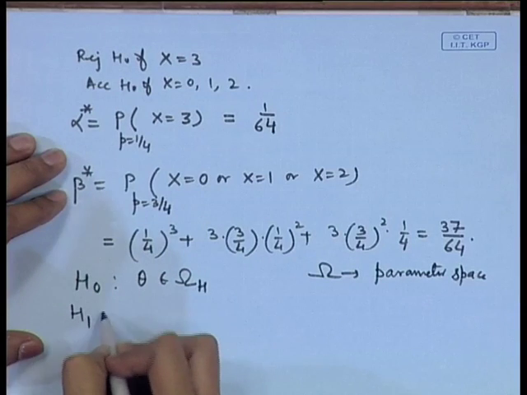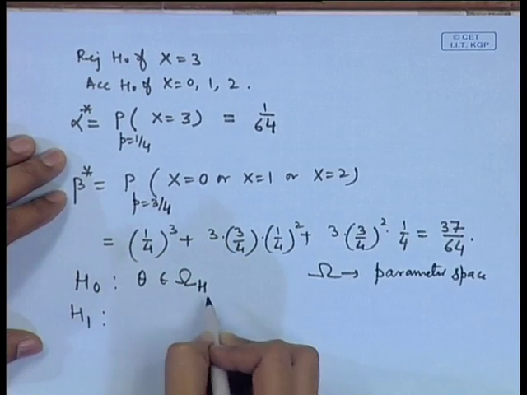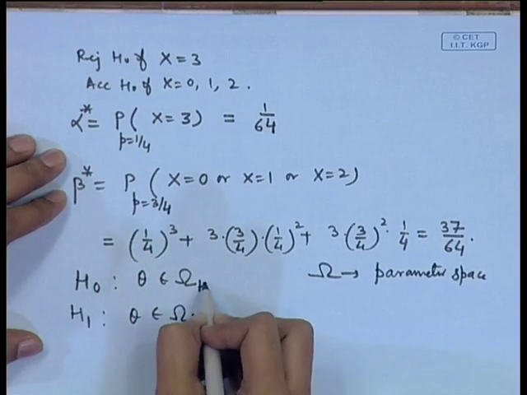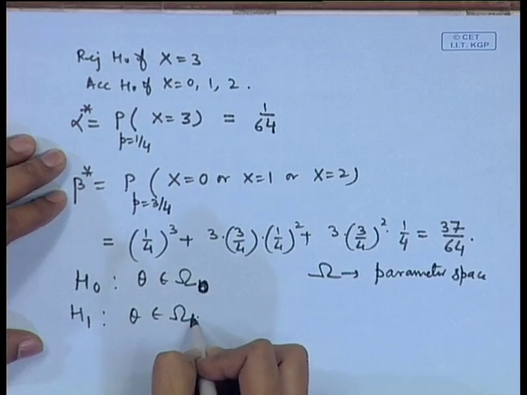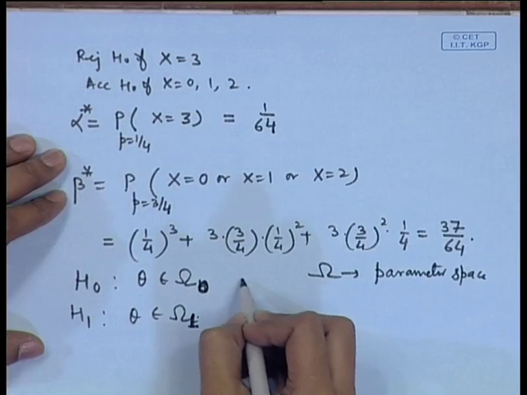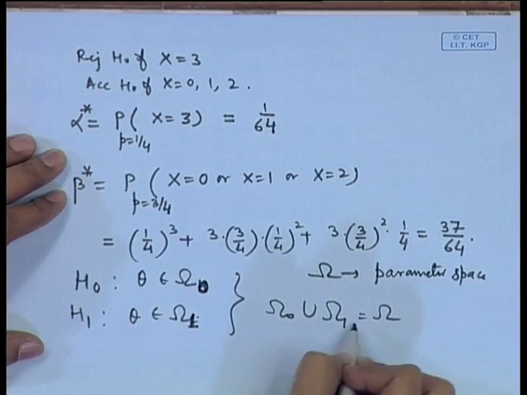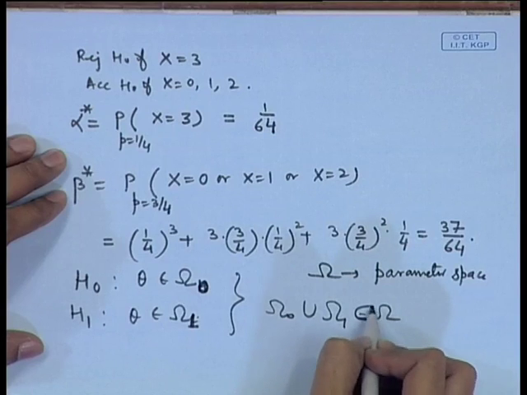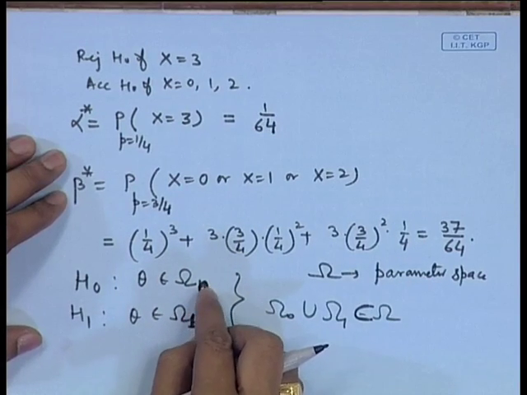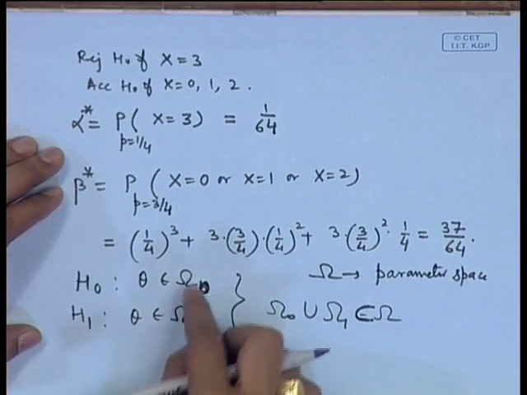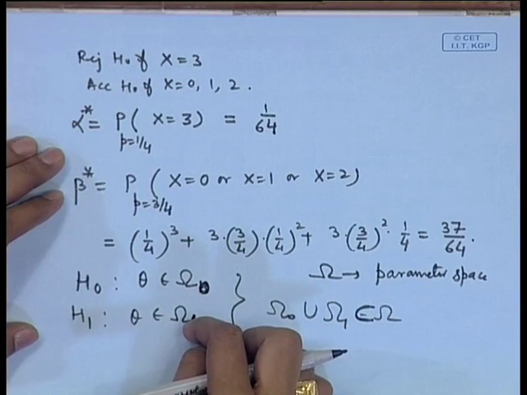You have the hypothesis testing problem as theta belonging to omega naught against theta belonging to omega 1. So here omega naught union omega 1 may be omega, or it is not necessary, it may actually be a subset also, because in case we are dealing with a simple hypothesis, the full parameter space need not necessarily be this one.